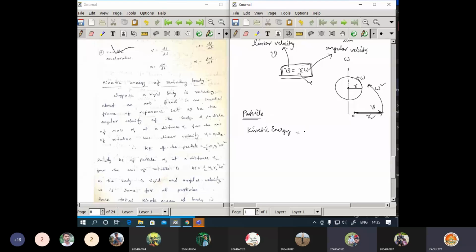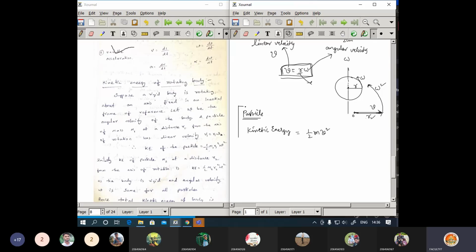Regarding your previous intermediate concept, kinetic energy can be given as half mv square. Half mv square is the expression for the kinetic energy. Now we are seeing about the rigid body.